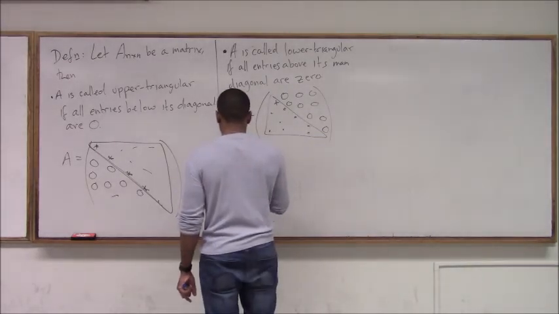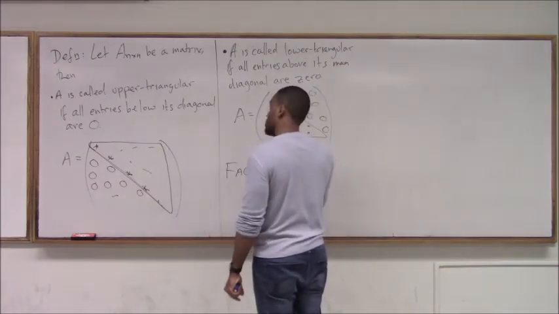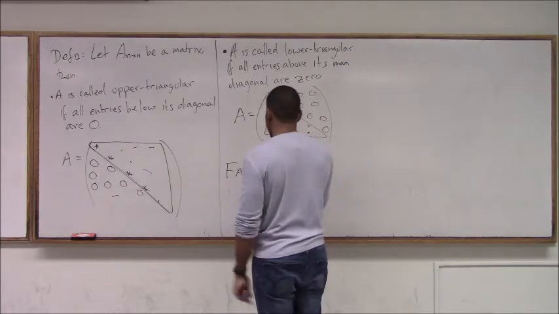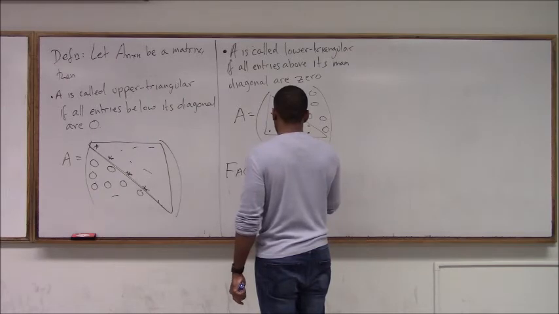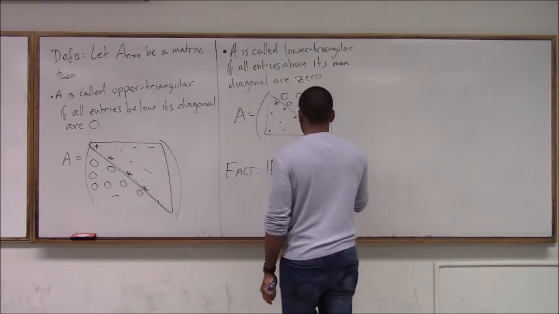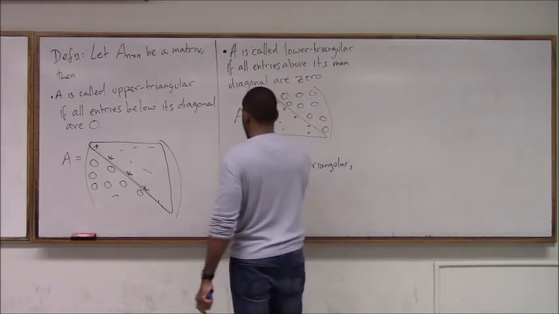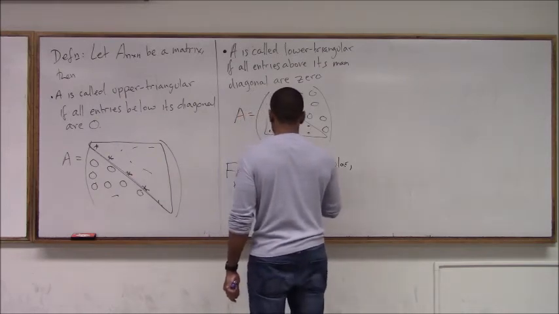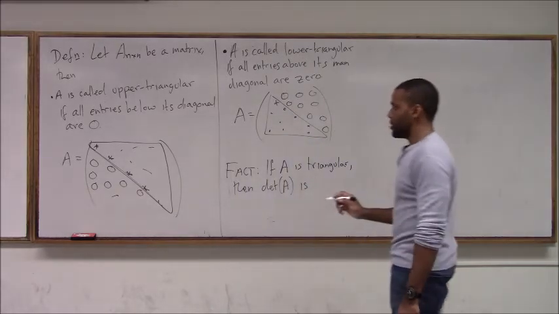Fact. Would it count as a theorem? It's not really a theorem, it's just a computational fact. If A is triangular, then the determinant of A is... you guys think you can figure it out based on the definition?